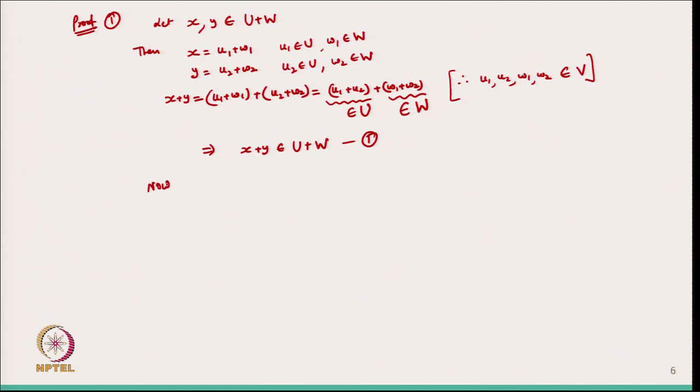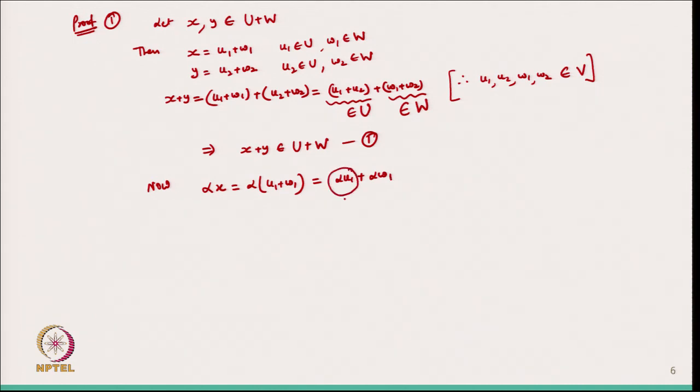Now, another property. I want to see what about alpha x. So, alpha times x, where x is U1 plus W1, I can write as alpha U1 plus alpha W1.